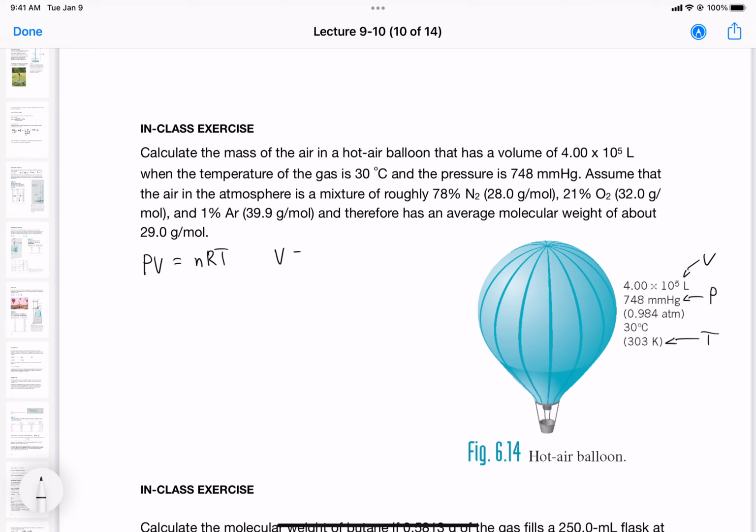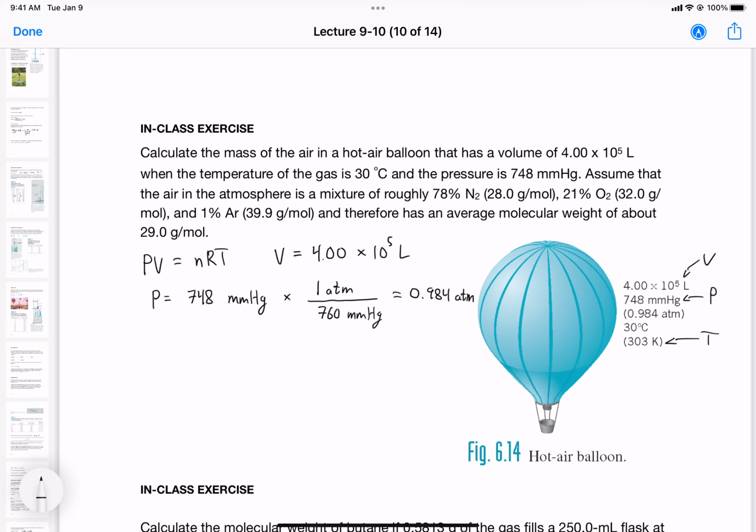So let's just do that very quickly. Here the volume equals 4.00 times 10 to the 5th liters. Our pressure equals 748 millimeters of mercury, but we need to convert that to atmospheres, and we know 1 atmosphere equals 760 millimeters of mercury, and that would equal 0.984 atmospheres.